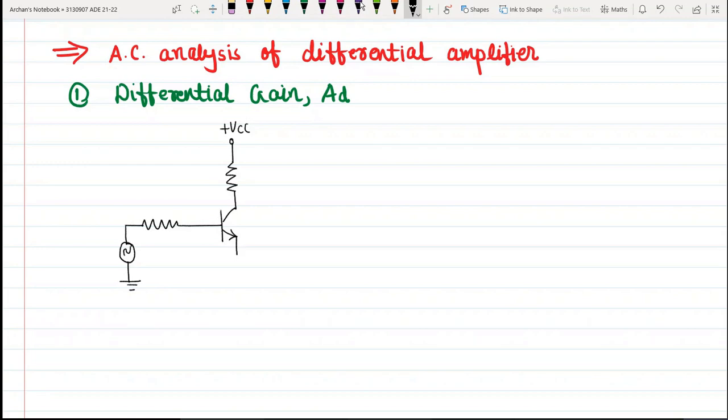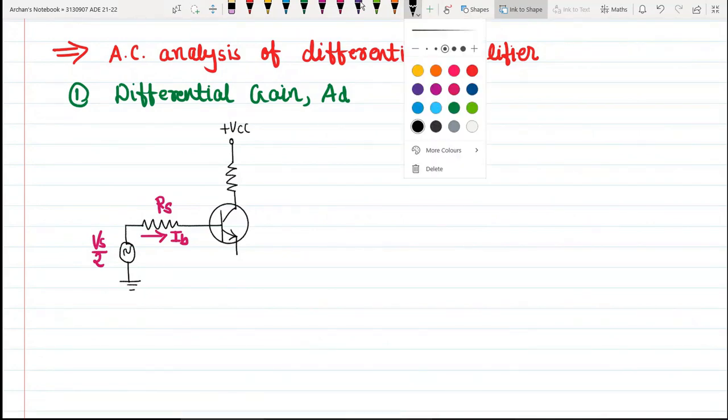We consider this AC signal as Vs1, and since Vs1 and Vs2 are the same, the magnitude will be Vs by 2. The base current Ib is going to flow through the source resistance Rs.